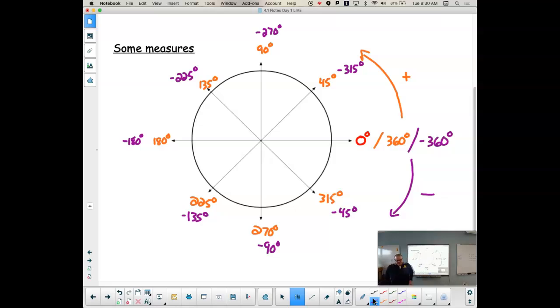We have positive and negative angles in trig. God, I love this stuff.